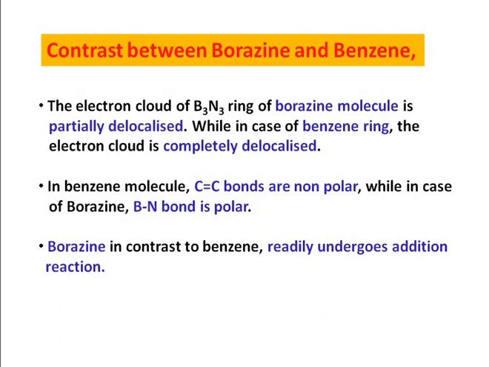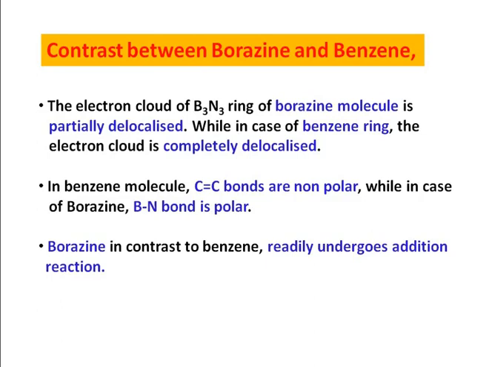We see that Borazine and benzene are isostructural and isoelectronic, but they have some differences. And what are the differences? Actually, the electron cloud of the B3N3 ring of the Borazine molecule is partially delocalized, while in the case of the benzene ring, the electron cloud is completely delocalized.